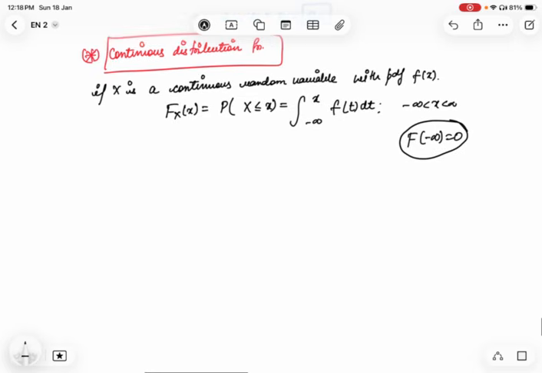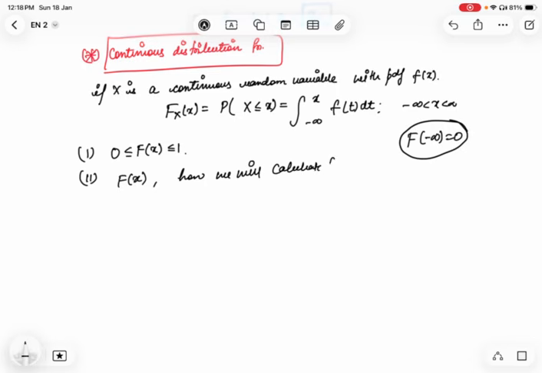Now there are some important points that I have to discuss. First, F(x) should lie between 0 and 1. The second is, if F(x) is given, how do we calculate f(x)?